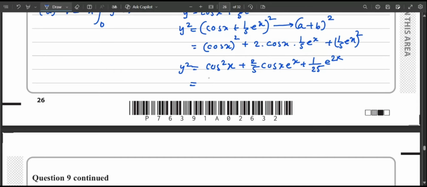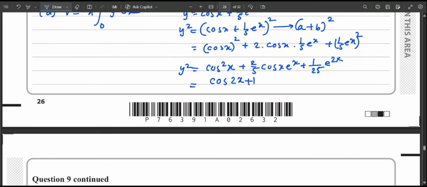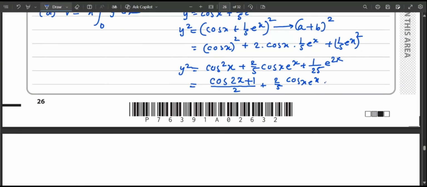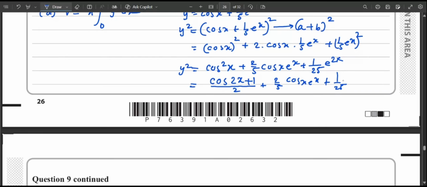This will give us cos 2x plus 1 divided by 2 plus 2 by 5 cos x e to the power of x plus 1 by 25 e to the power of 2x.